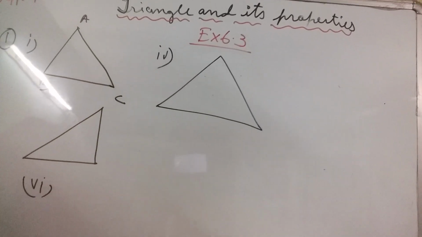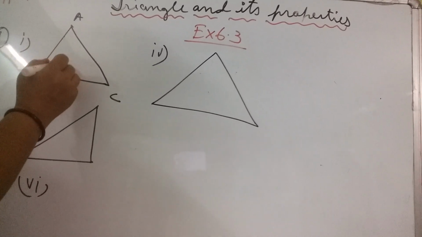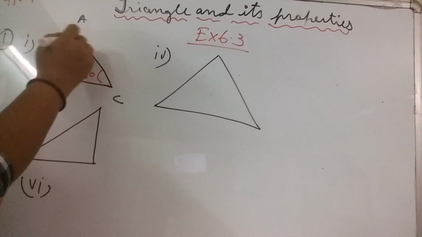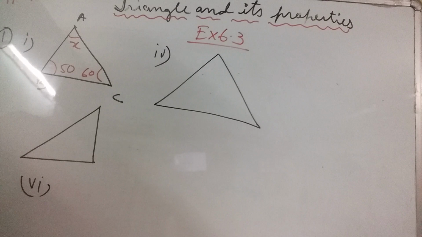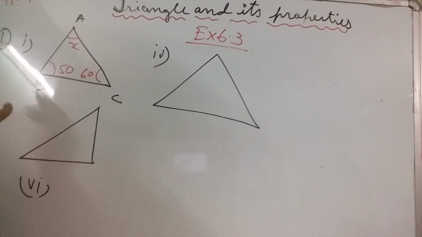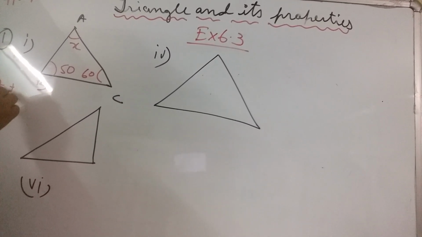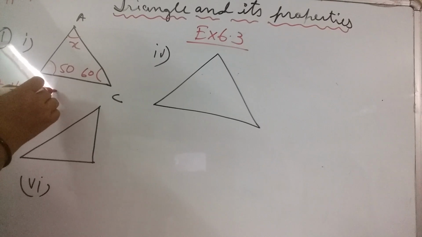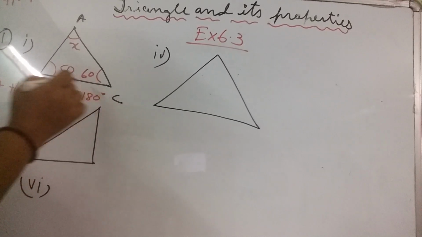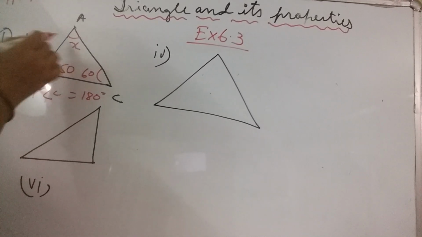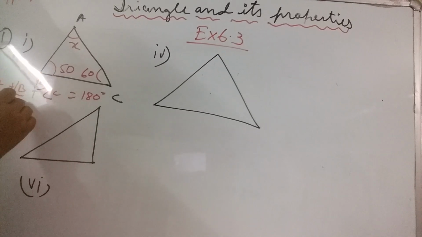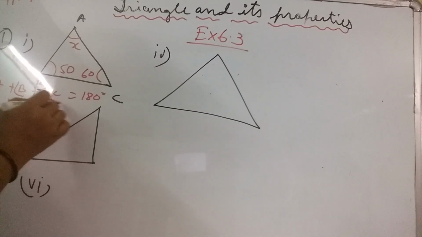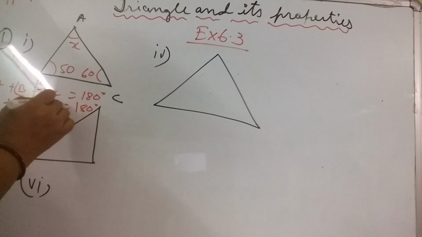First question, you have to find out the value of x. Okay, so in all the cases you will write that angle A plus angle B plus angle C equals 180 degree. Angle A is x plus 50 degree plus 60 degree equals 180 degree.